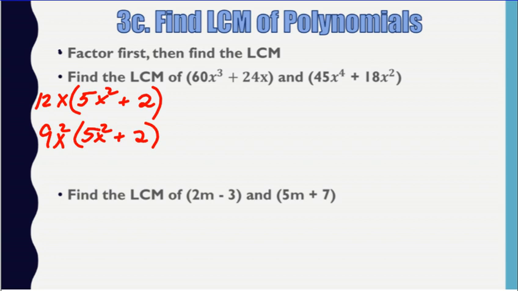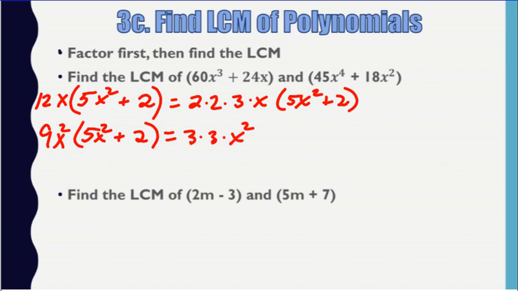Now if I write my prime numbers, this will be 2 times 2 times 3 times x times 5x squared plus 2. This would be 3 times 3 times x squared times 5x squared plus 2.